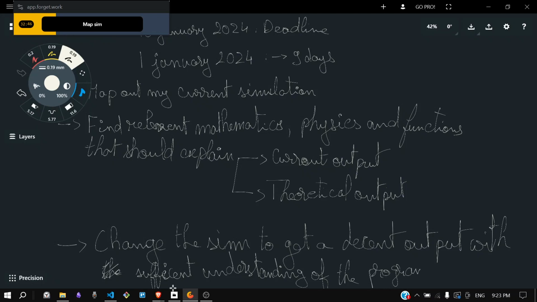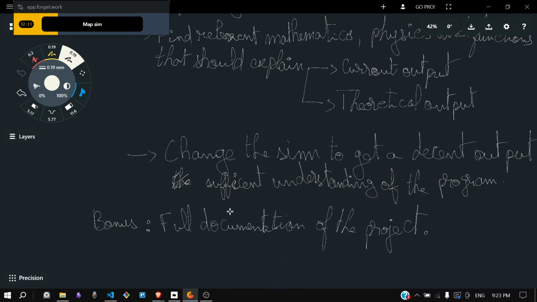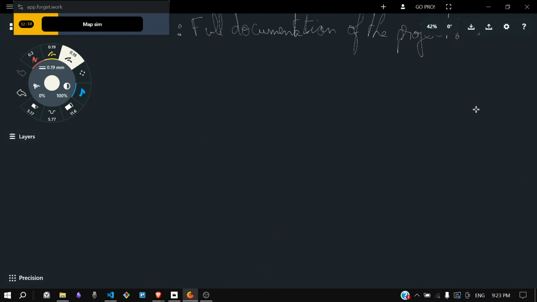So if I can pull this off, I have a bonus additional step. This is the bonus. Probably going to work on it anyway, even after the deadline, which is to have a full documentation of the project. Okay, so this is what we're gonna work on.